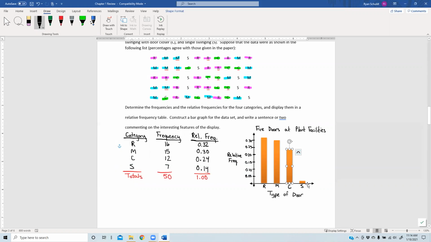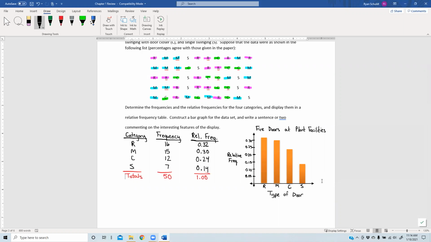About right there, and then S is 0.14. I'd say about right there. And now make it a little bit bigger. There we go. I like how that looks. So there's our graph. But we're not done.